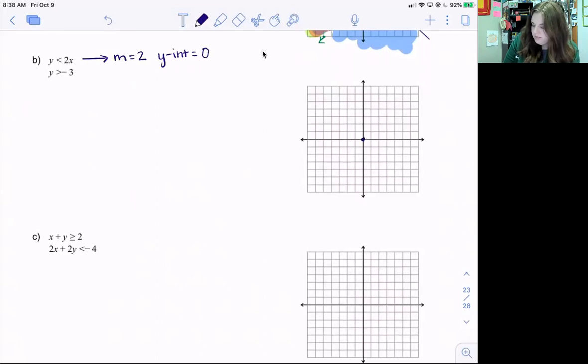So starting at 0, and then we're going to go up 2, right 1, and continue that off of our graph. Okay, and so now if it's less than, we have a dashed line. And since it's less than, we're also going to shade below.